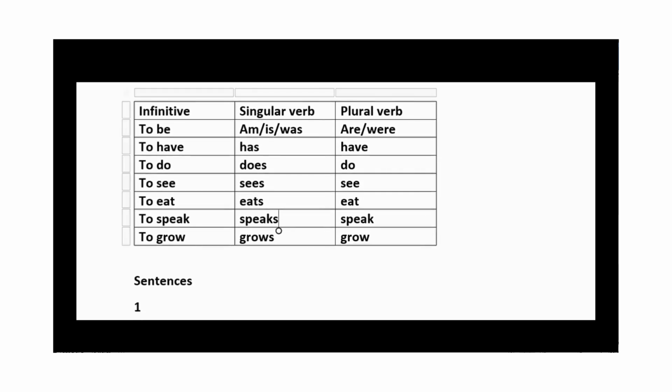So the infinitive to be will become am to agree with the subject I. Thus we have I am sweeping. That is for the singular present tense. For the singular past tense, the verb to be will become was to agree with the subject I. So I was sweeping.